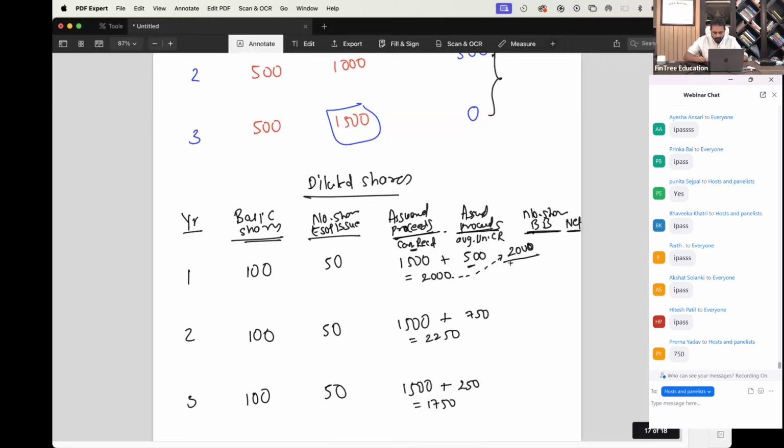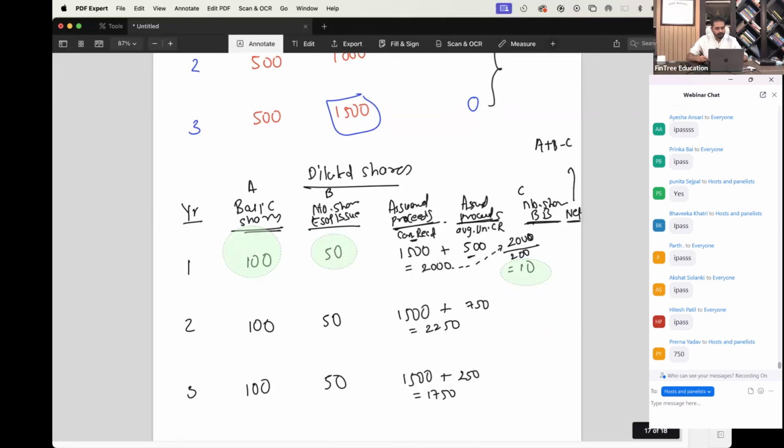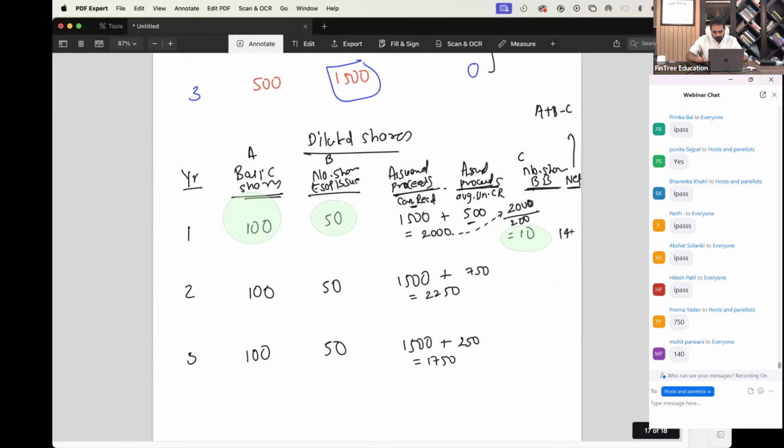So 2000 divided by 200, I buy back 10 shares. I've issued 50 shares and bought back 10 shares. If 100 is A, 50 is B, and 10 is C, then the final calculation is A plus B minus C. That will be 140.